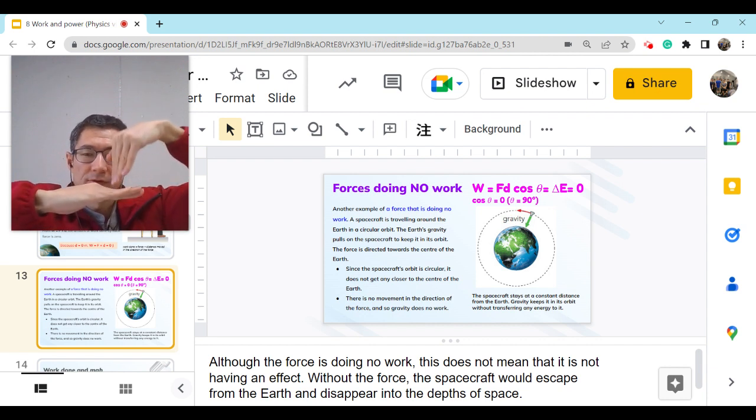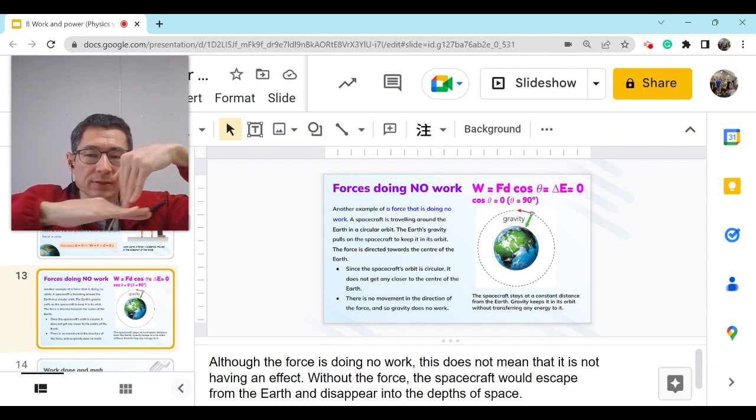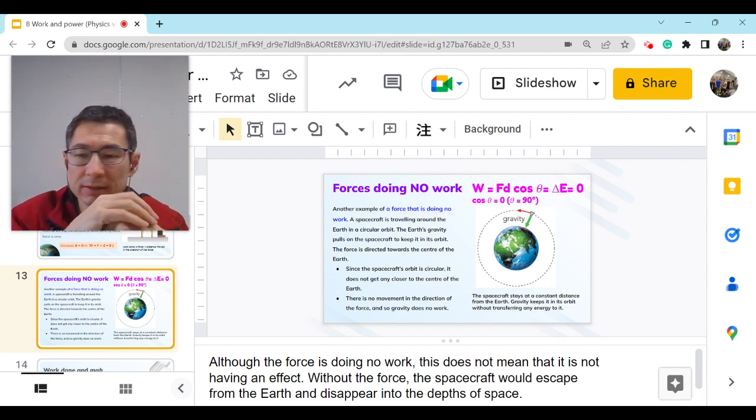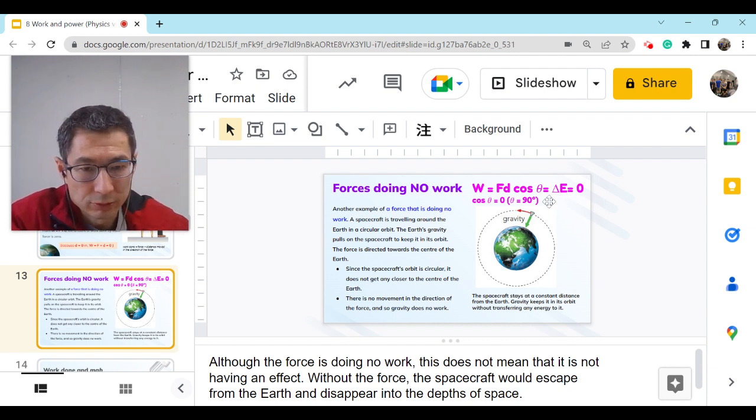Meaning this force doesn't affect the movement and doesn't do work. Since the spacecraft orbit is circular, it doesn't get any closer to the center of Earth. There is no movement in the direction of the force, and so gravity does no work.